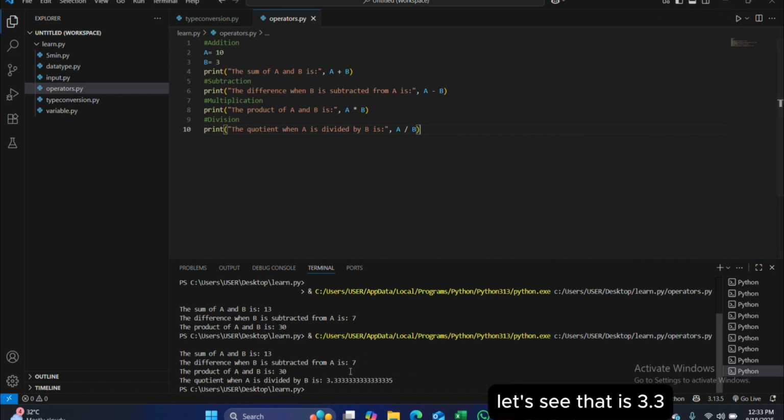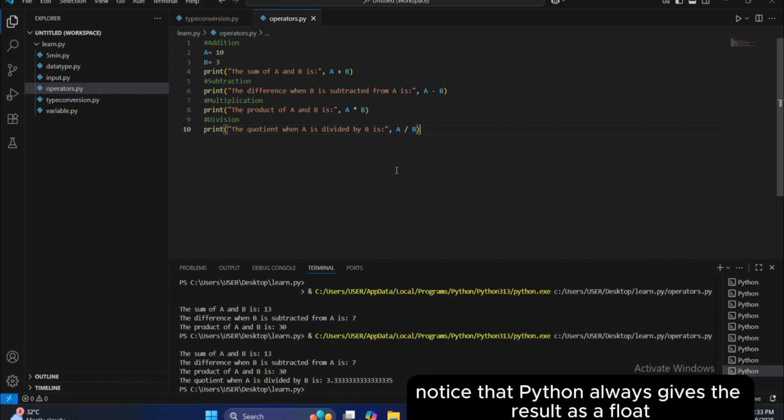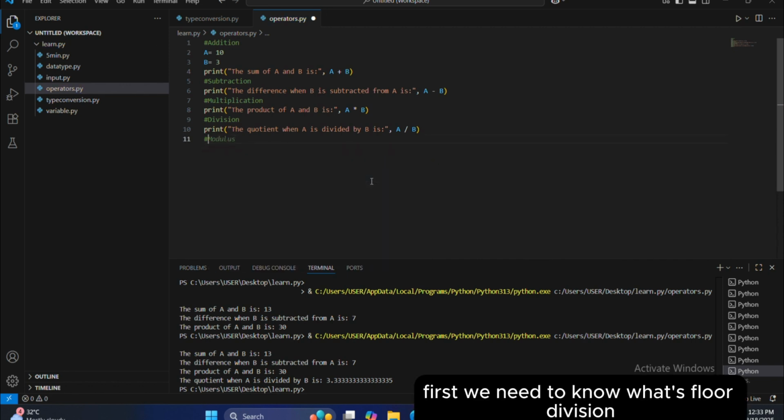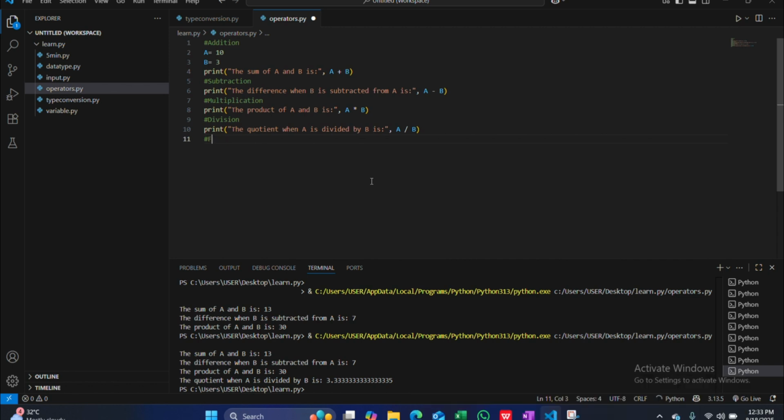Let's see, that is 3.33. So notice that Python always gives the result as a float. And if we don't want that, I'm sorry, first we need to know what's floor division.